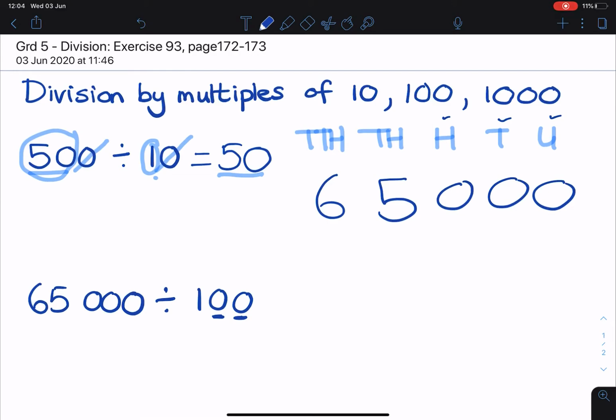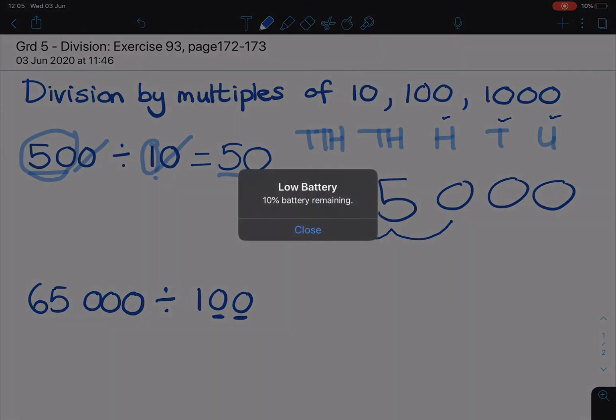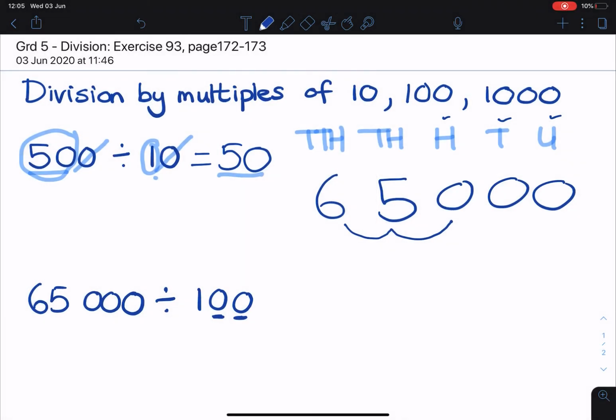So that means that 65,000 needs to shrink in that direction by 2 places. 1, 2. So our 6 will go here, and then our 5, and then our 0. As you can see, it's shrunk by 2 places.